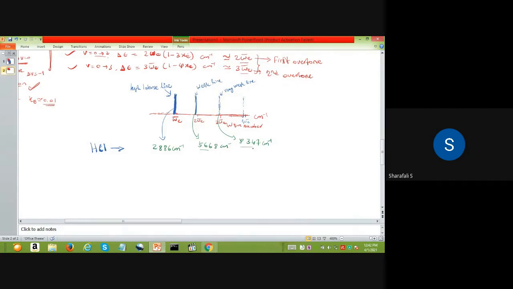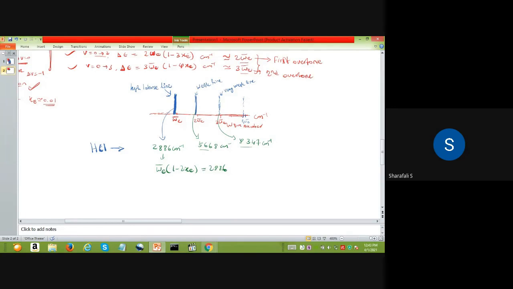In each of these cases, if you consider those equations, for example, equate the first value: omega e bar into (1 minus 2xe) is equal to 2886. That is the number corresponding to the fundamental absorption line.